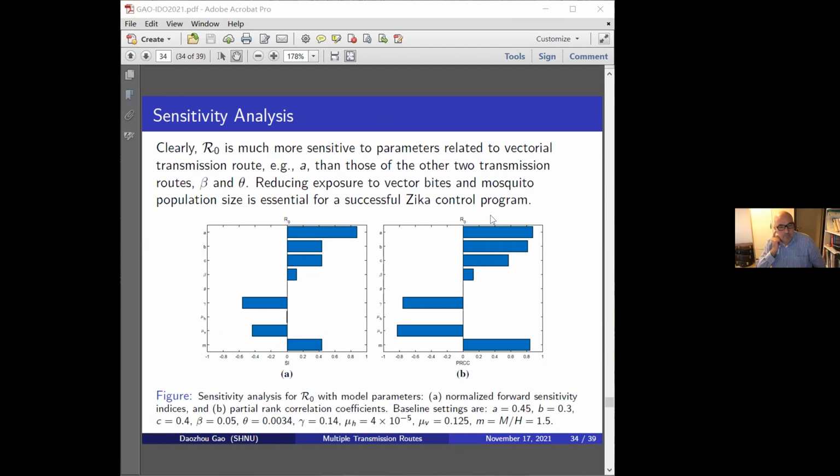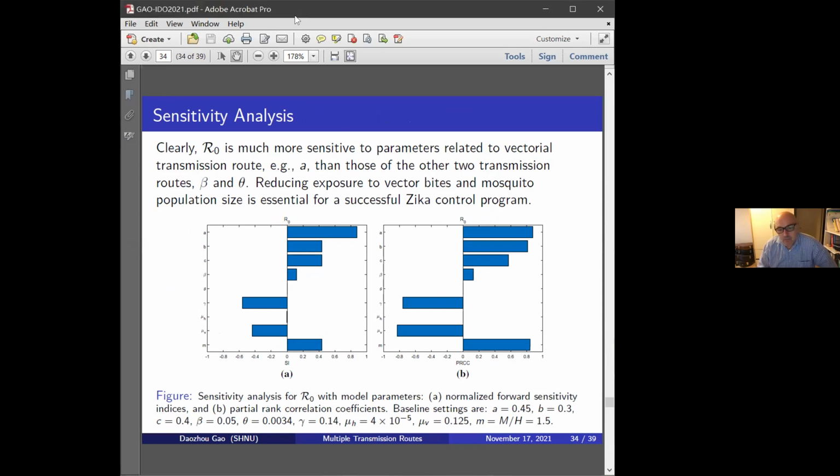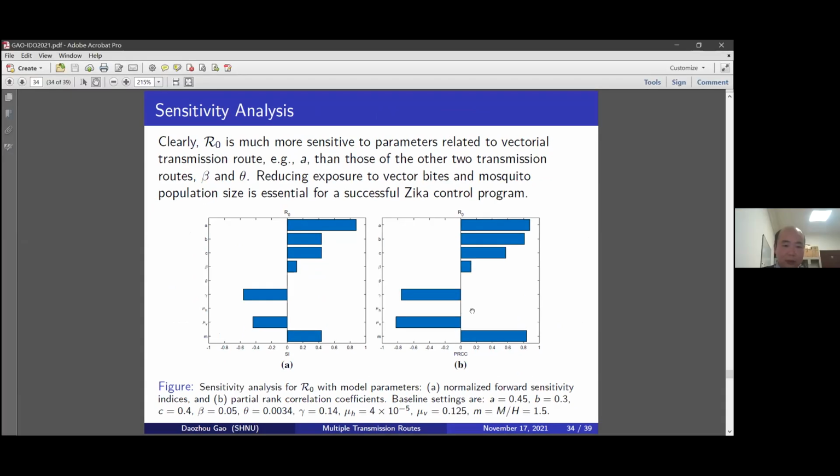This one. I don't quite understand the meaning of these bars. The bar on the left is the sensitivity index. This value is about 0.9. You can see the x-axis goes from -1 to 1.